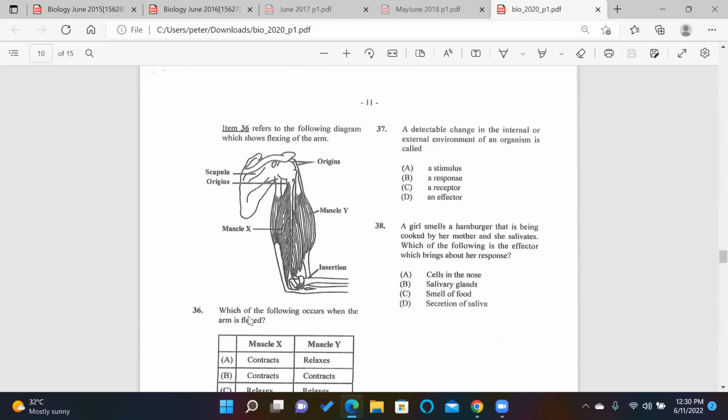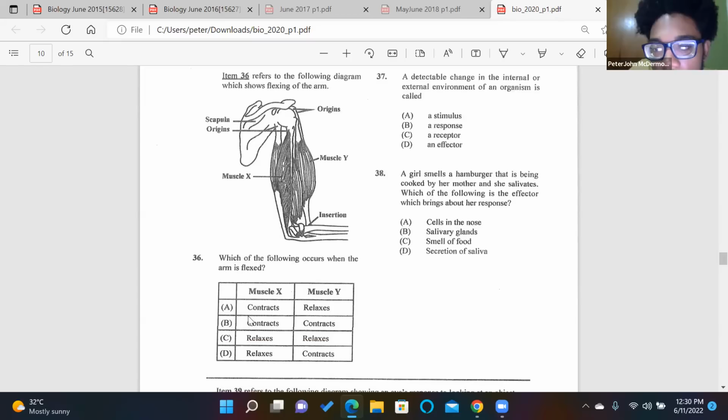A detectable change in internal or external environment of an organism is a stimulus. A girl smells a hamburger and she begins to salivate, which defines a factor which brings about her response. So she's salivating. What is causing her to salivate? So what is producing the saliva? B. Salivary glands.